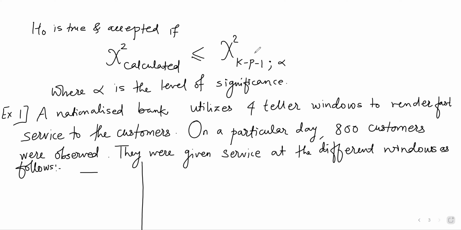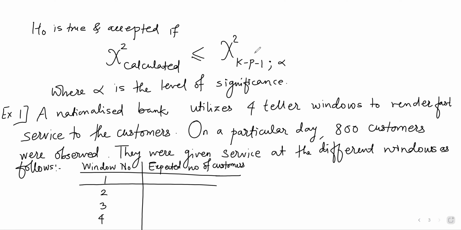Window number and expected number of customers. So 1, 2, 3, 4 windows are there. For the first window, it is 150. For the second window, it is 250.